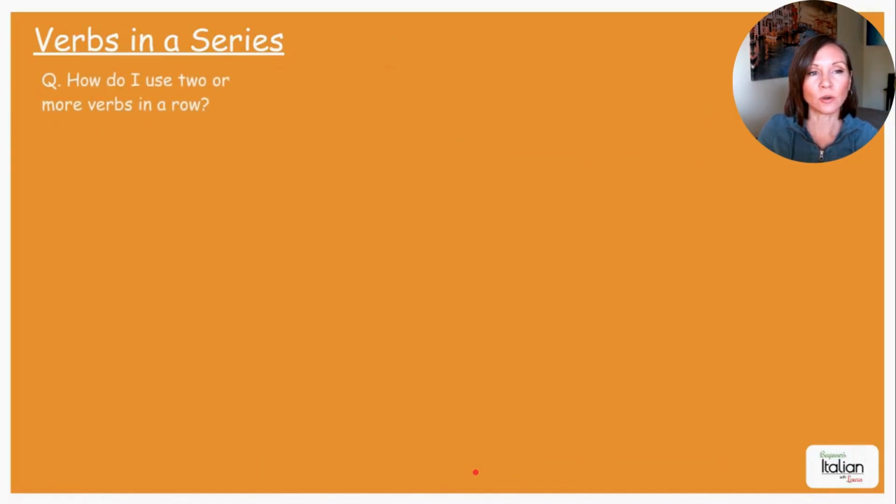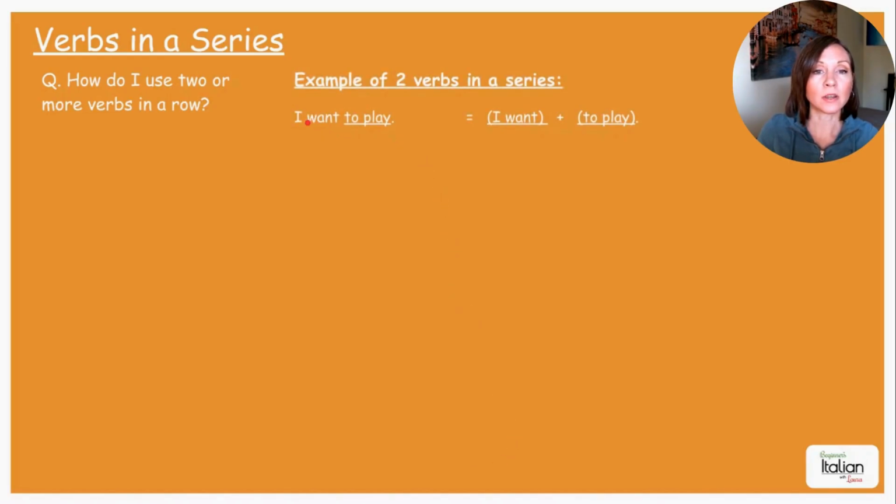How do I use two or more verbs in a row? For example, if you want to say "I want to play" in English, you'd say "I want," and then you add "to play." Voglio giocare. You add the two verbs together, but like we just talked about, voglio is conjugated and giocare remains in the infinitive form.